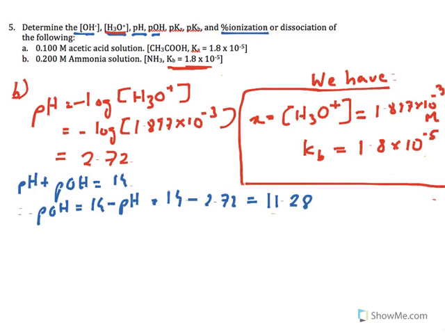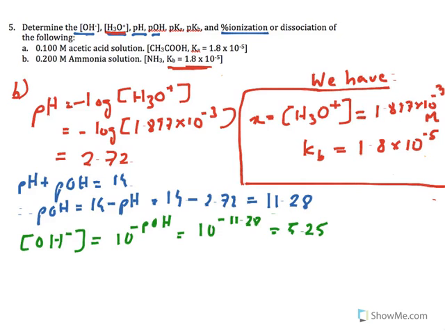Since we have the pOH, we can now figure out the concentration of OH minus ions. So OH minus ions concentration is going to be equal to 10 to the power of negative pOH, which is equal to 10 to the power of negative 11.28, and that is equal to 5.25 times 10 to the power of negative 12 molar.